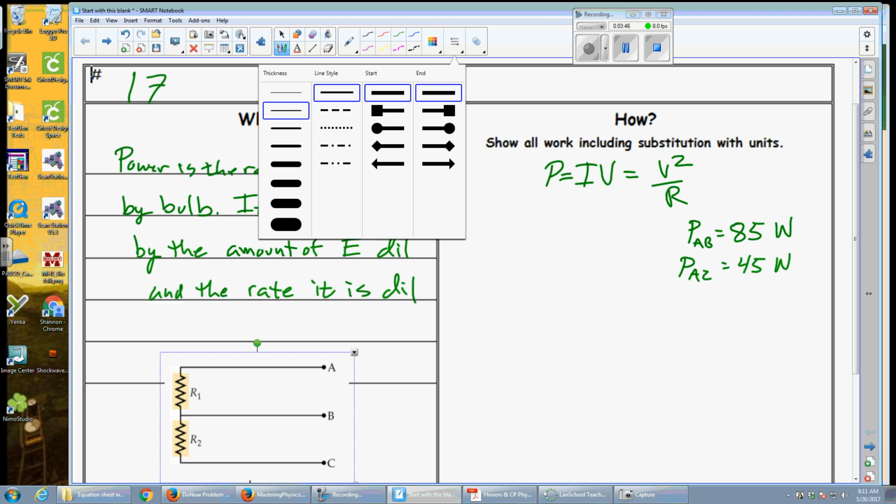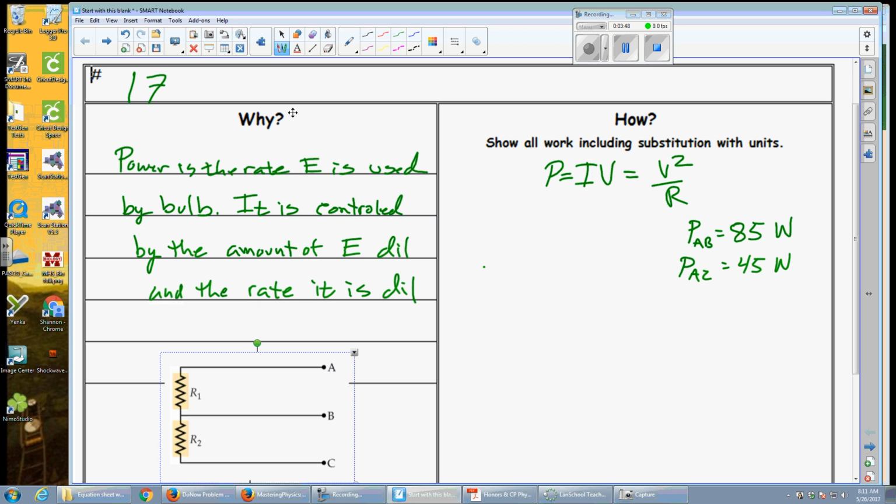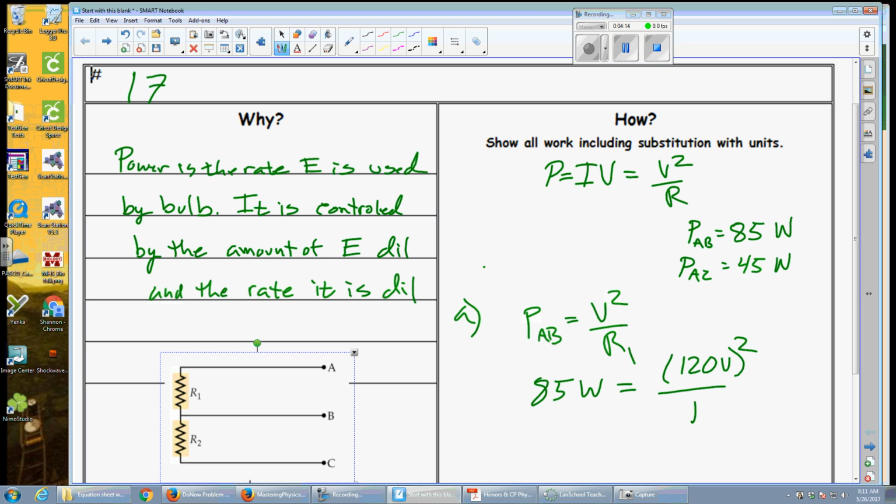So let's take that AB first, because that only involves resistor 1. So this part A, I guess. So power AB equals V squared over R1. And then just substitute in, right? 85 watts equals 120 volts squared over R1.